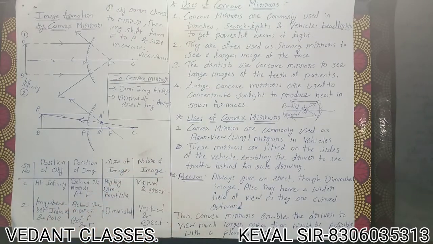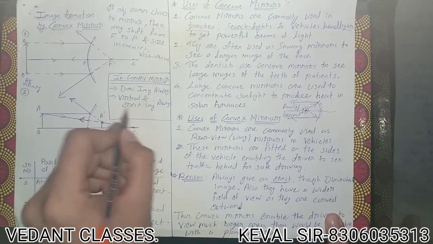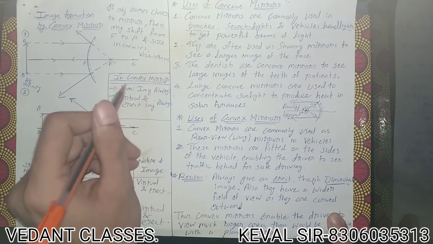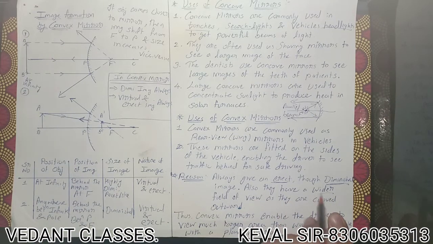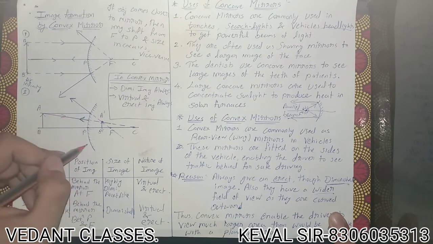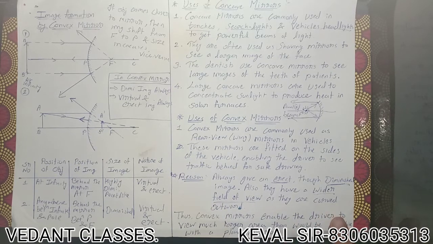Please remember this reason. First, they always give an erect image, which we have written here. They always give a diminished image, which is also written. The second is that they have a wider field of view as they are curved outward. You can see the curvature. So compared to the plane mirror, this has a wider field of view due to its curvature.